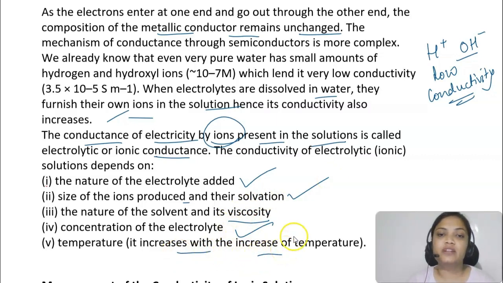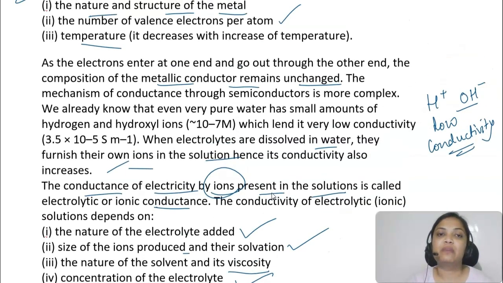So there are various factors on which this conductivity depends. And one more thing: in the case of metals, the composition was not changing, but that will not happen in the case of electrolyte. When current passes, the composition of the electrolyte would definitely change. So that is the main difference between metallic conductance and electrolytic conductance.